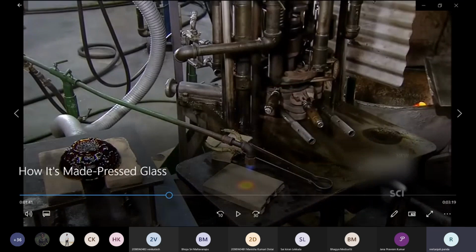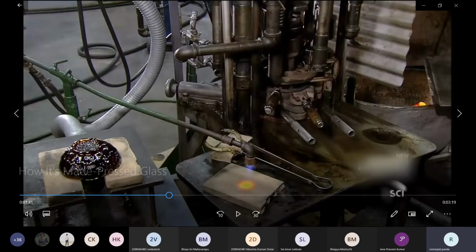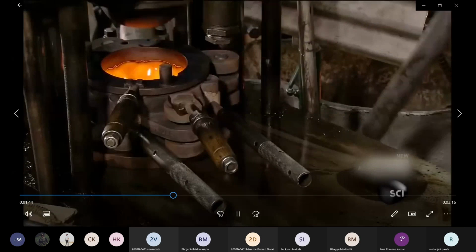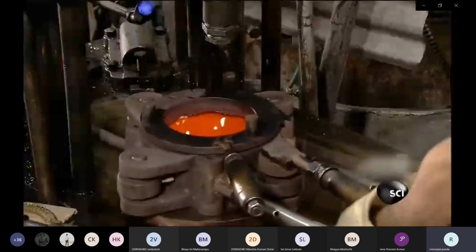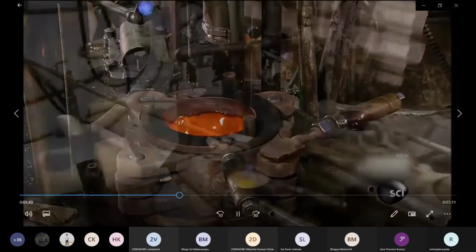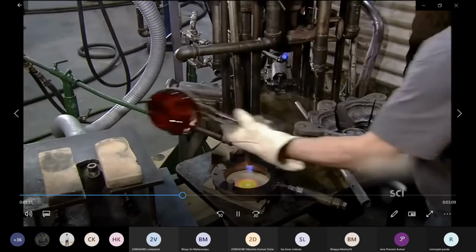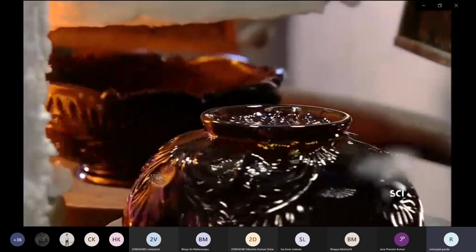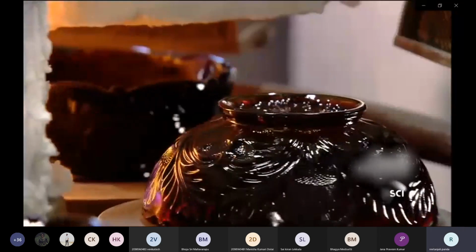Now you see here this glass ball is kept over here because it should let it cool down first. Okay, it is now also hot enough to get deformed. That's why they are keeping it there for getting cool down. Okay, so this is how pressed glass is made.